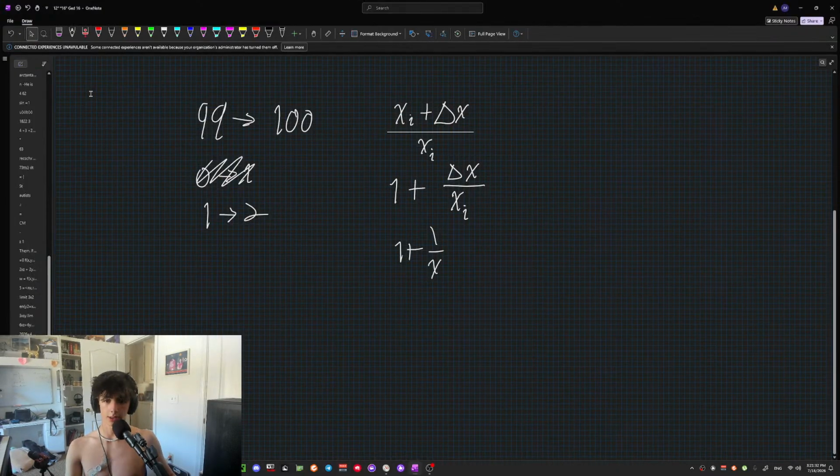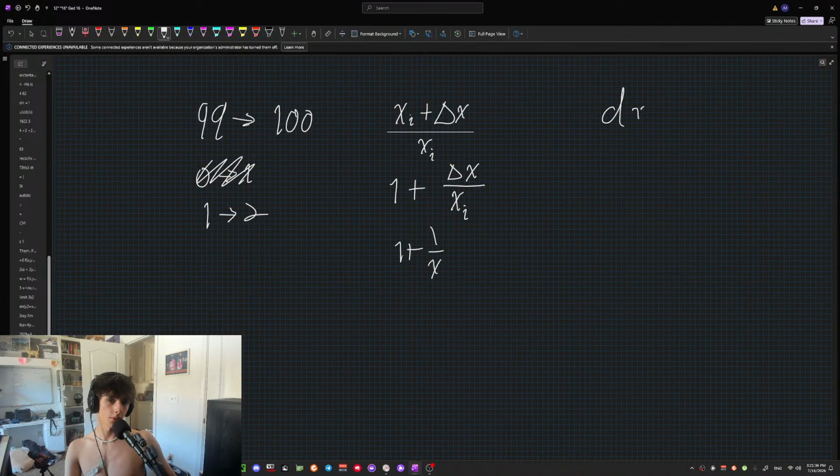We could say that's the difference in y over the difference in x, right? How much we perceive a difference based on how much something actually changes is 1 over x.